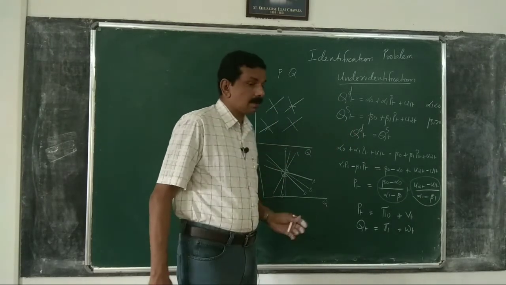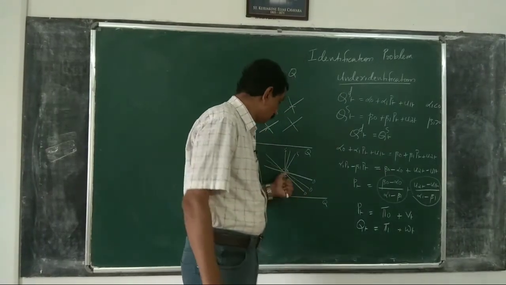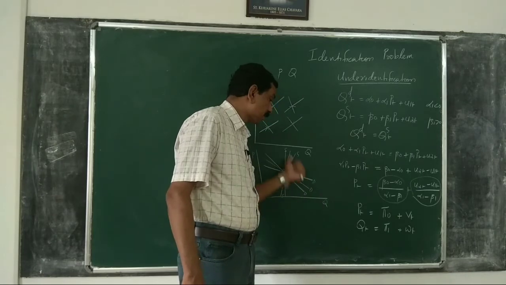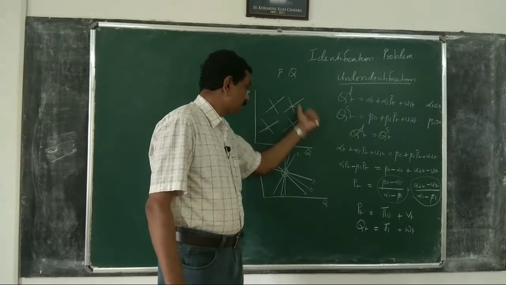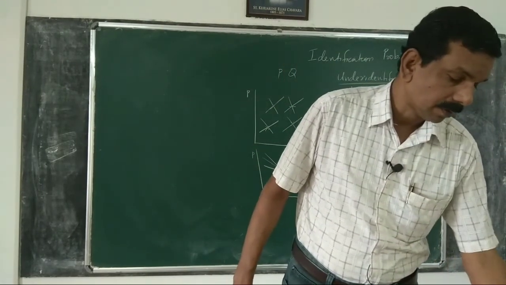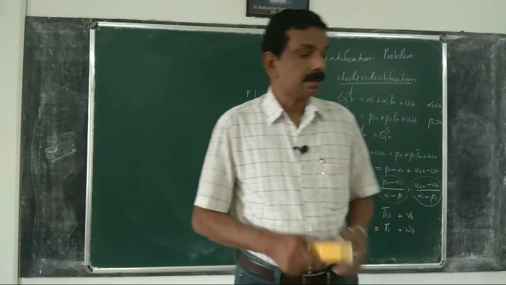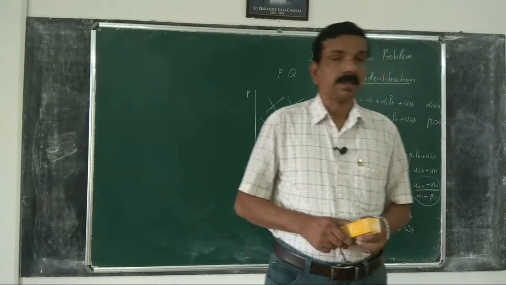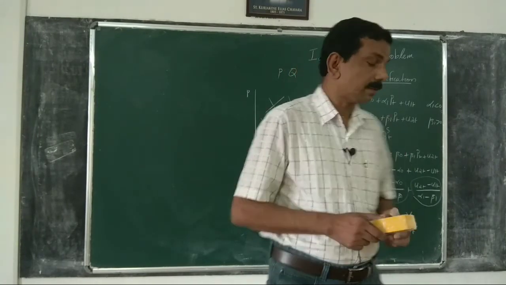These equilibrium points might have been generated by any number of demand and supply curves, or these sets may be generated by shifting demand and supply curves. So we cannot estimate or identify either the demand equation or the supply equation.